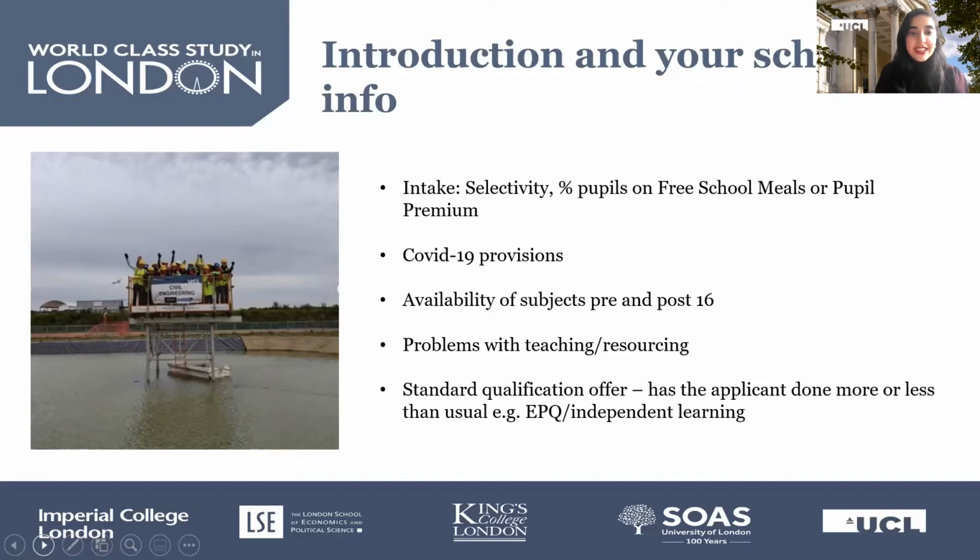And I know what you're all thinking now. This is a lot of information to provide in 47 lines of a teacher's reference. And a really good workaround is providing a URL. So a tiny URL or a bit.ly, which can sit in every reference and link to a school profile on your school website, is a really good workaround to provide that background information to admissions tutors about the learning environment that the student is coming from.